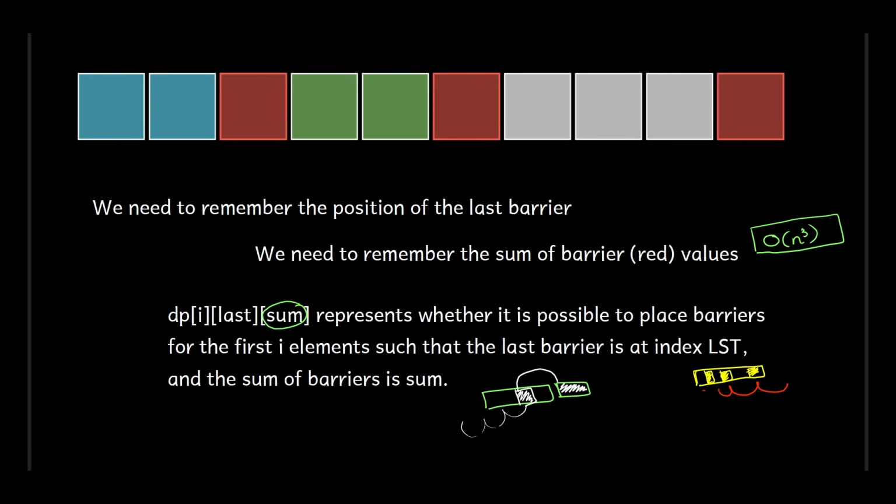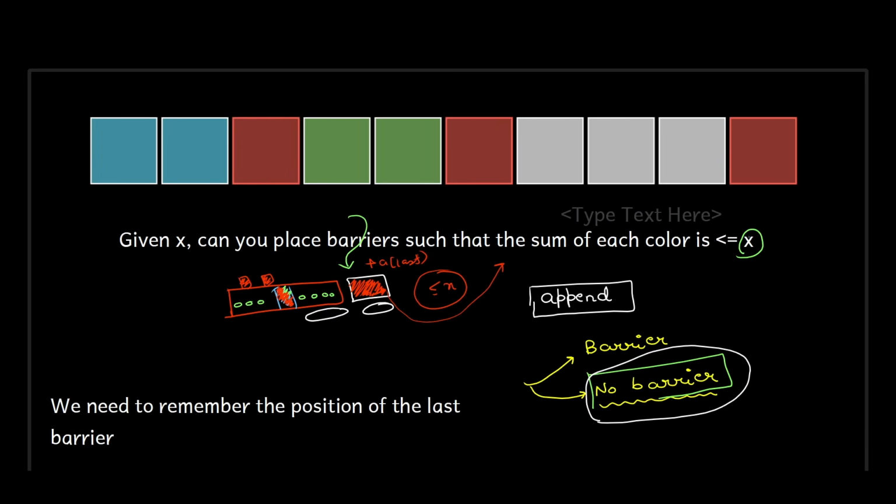Otherwise, all the sums that are in between, there is no need to minimize these sums. Why? Because they just have to follow the constraint that they should be less than or equal to x. What I mean by that is, you don't actually need to minimize this blue sum, this green sum, or this white sum. As long as they are less than or equal to x, we are good.